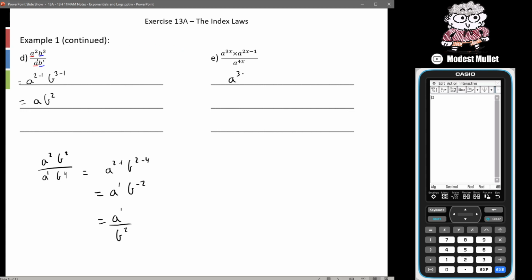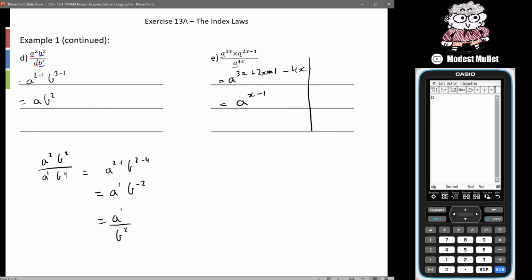So we get A to the 3x plus the 2x minus 1, because those two are multiplied together, and then since the A to the power of 4x has the same base, we can then also take away the 4x from it. So we're going to get A to the power of 3x plus 2x take away 4x, so that's 5x take away 4x, which is x, and then let's subtract 1, and there's our answer.